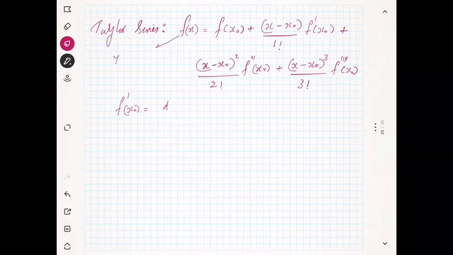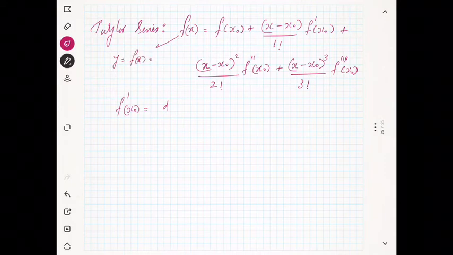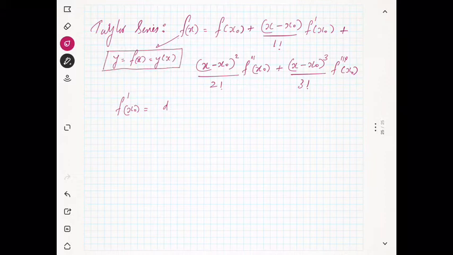So f of x is nothing but y, that is y as a function of x. So f dash of x naught is nothing but d by dx of f of x, that is d by dx of y, or dy by dx, at x is equal to x naught.